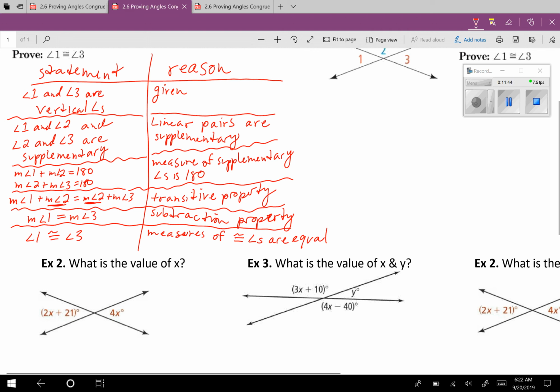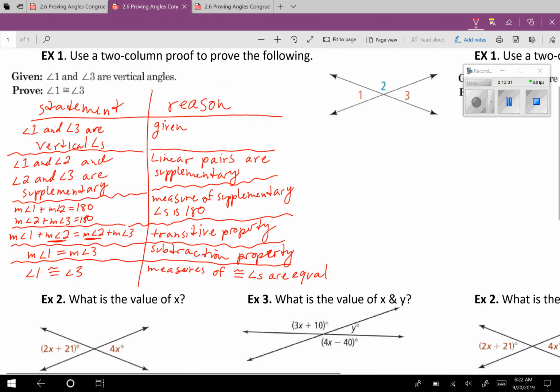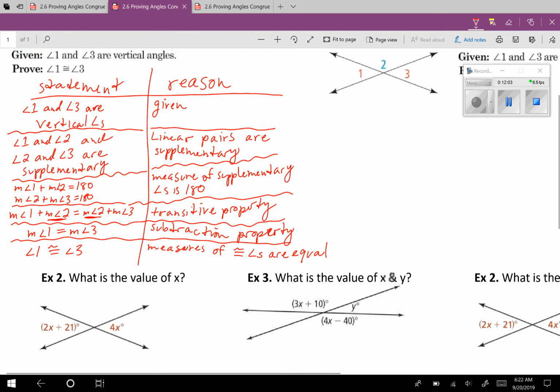Then you say angle 1 is equal to angle 3 because we subtracted angle 2 from both sides. And therefore, since the measures of the two angles are equal, they are congruent, because that's what congruent means.